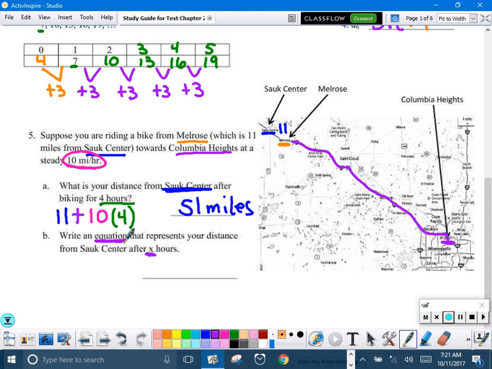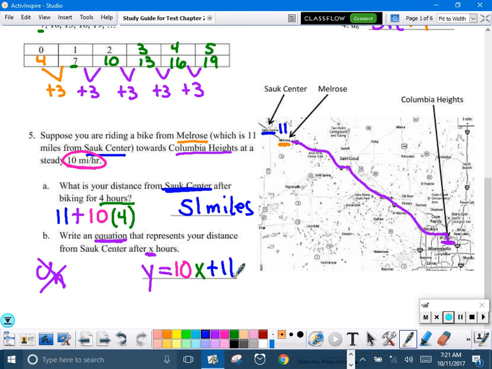All right, so instead of U sub n, we're going to use Y equals. Now I'm going to put the 10 first, and then I'm going to put the X, because the 4 is what we replace the X with, and then the 11 miles from Sauk Centre that is between Melrose and Sauk Centre.